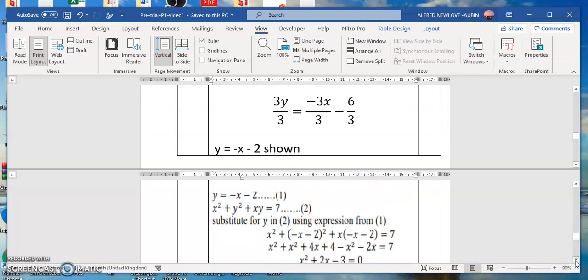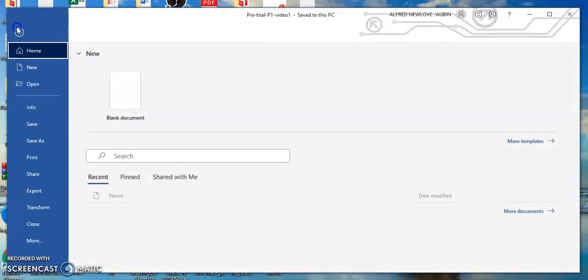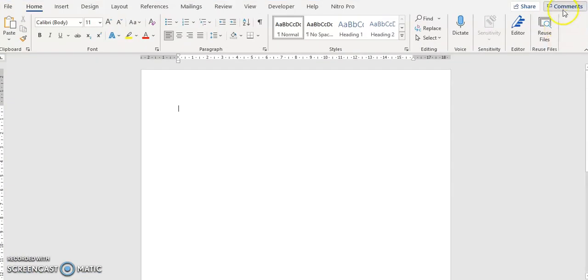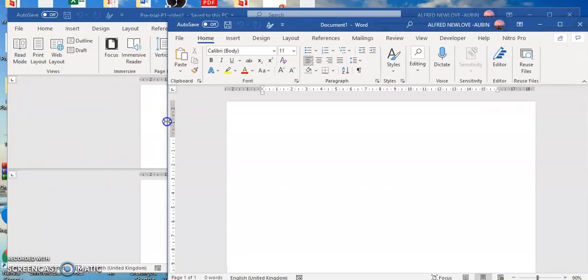Then I need to expand this one. How am I going to expand that? I'm going to show you how to expand this one. My first equation is this one. I'm going to write that equation here.